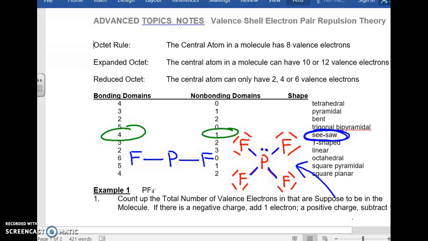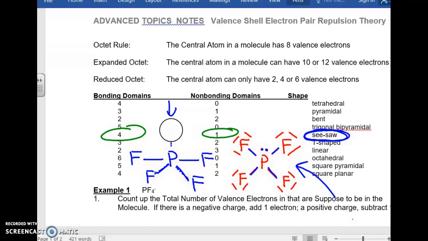Well, for one, if I imagine that the P is the center of the seesaw, and these F's are 2 seats, I have 3 other domains around this midsection. Imagine that they're 120 degrees from each other. And if I put an F here and an F here, these are bonds.